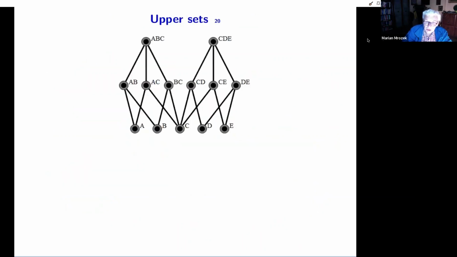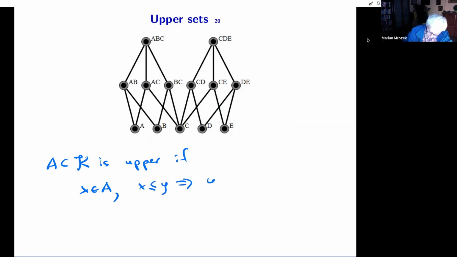And there is this concept of upper sets in a poset. A subset A is upper if I have an X in A and an element which is greater or equal to X, then this element must also be in A. So for instance, this is an upper set.